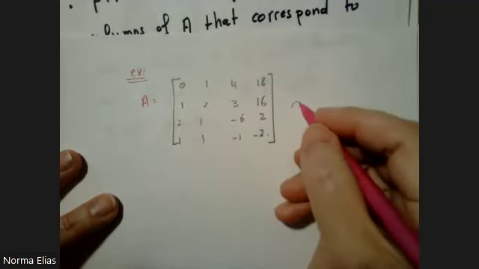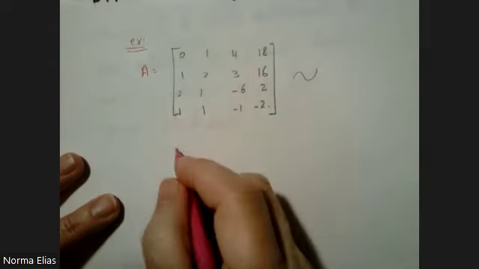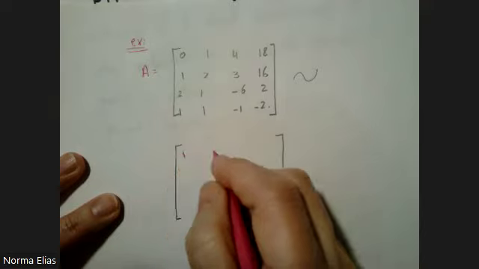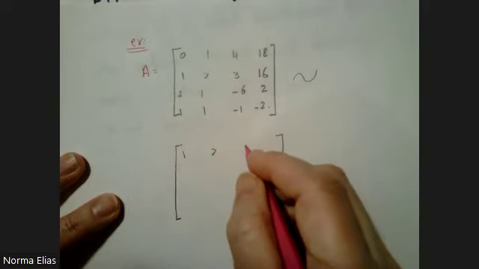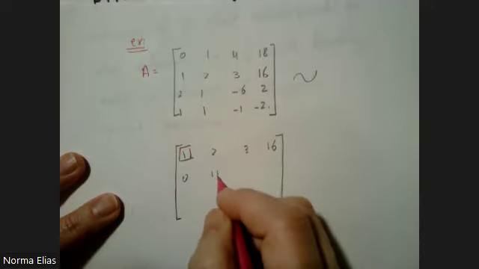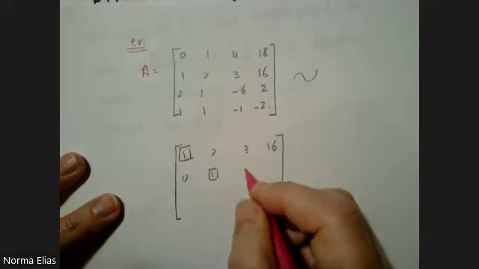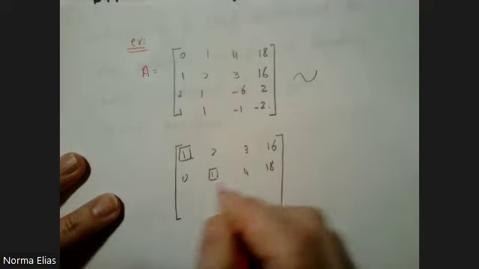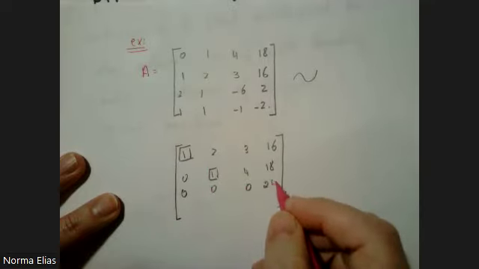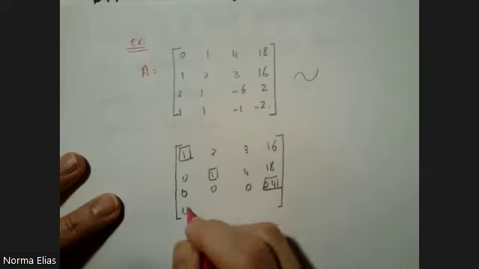When we perform the row operations, I'm only going to write the echelon form, not the reduced one. We got 1, 2, 3, 16; 0, 1, 4, 18; and 0, 0, 0, 24, or 1. I don't really care which one. Then 0, 0, 0.